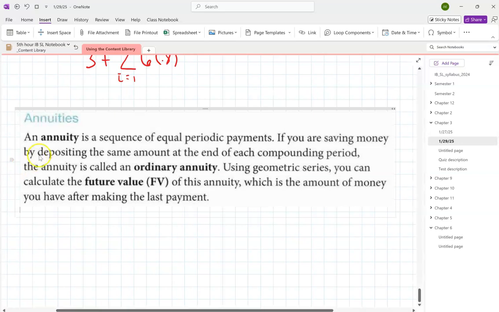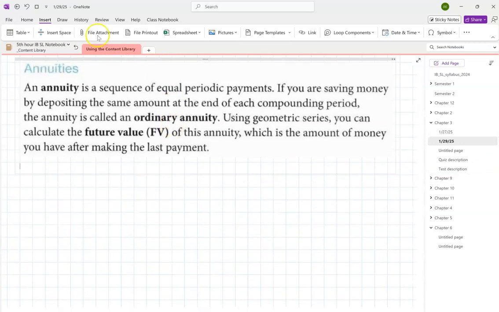Now, if the payment that you're making is always the same, it's an ordinary annuity. And to calculate the future value for these annuities, you can use a geometric series to calculate this.